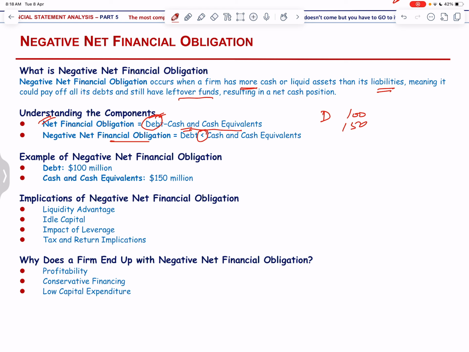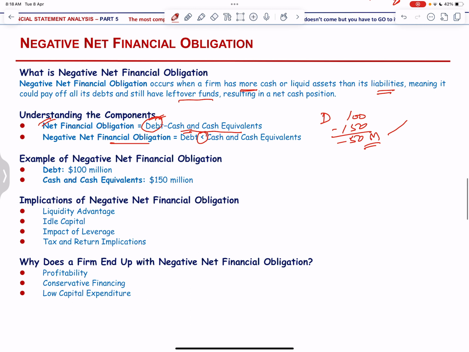So the net financial obligation is 100 minus 150, that is negative 50 million. And in this case, the company has a negative net financial obligation of 50 million. This means the company has enough cash and liquid assets to pay off all its debts and is still left with 50 million.